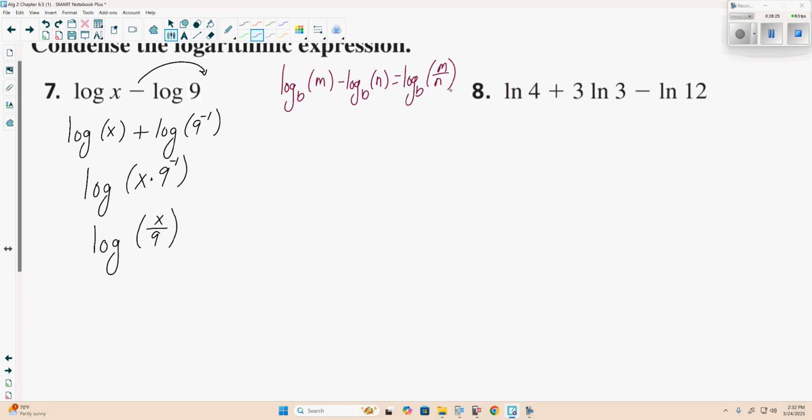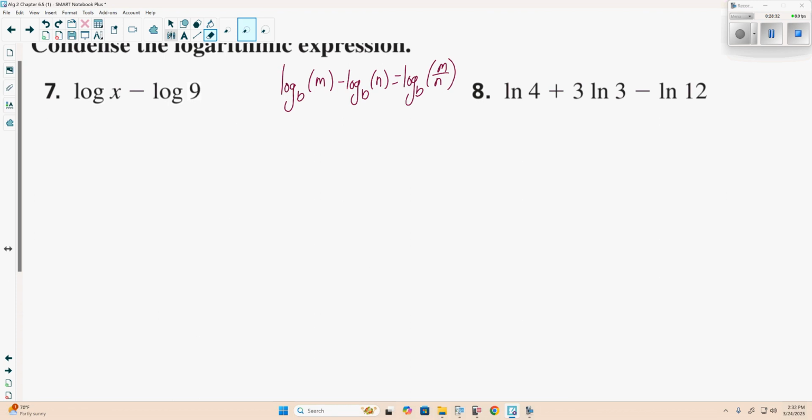So if we look at this, we have 2 logs being subtracted, yes? The base is 10, so we can just say log, yes? x took the place of m, and 9 took the place of n. So just according to the quotient property, 2 terms: log of x over 9.